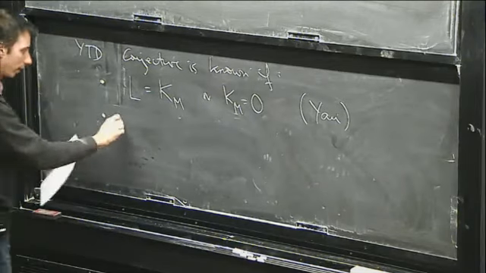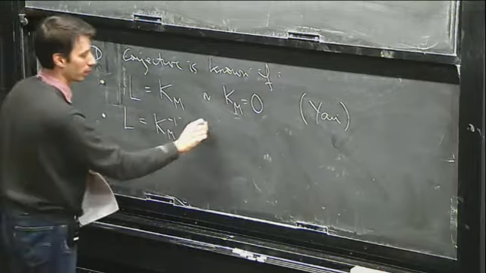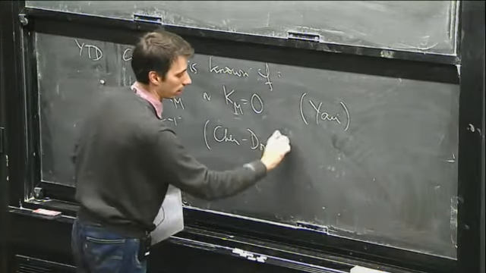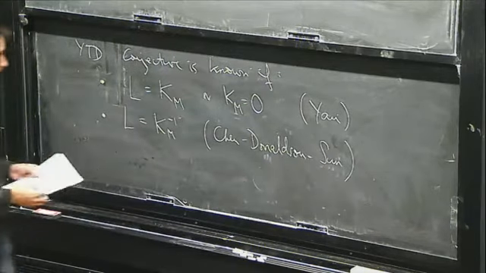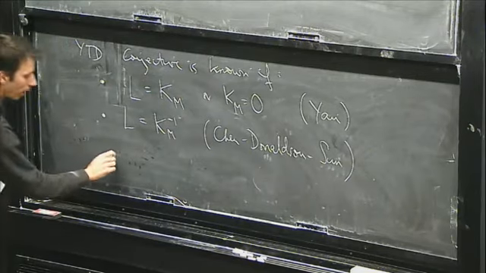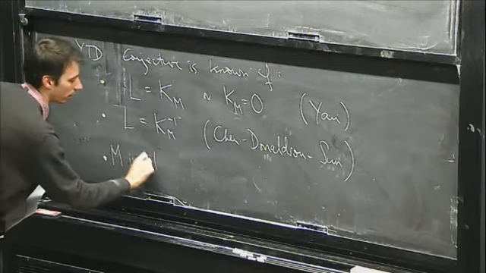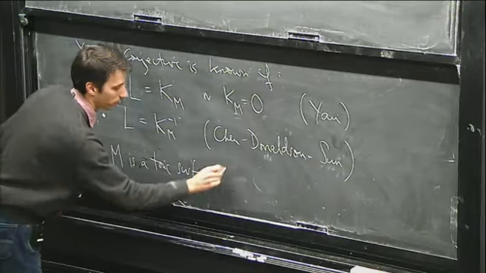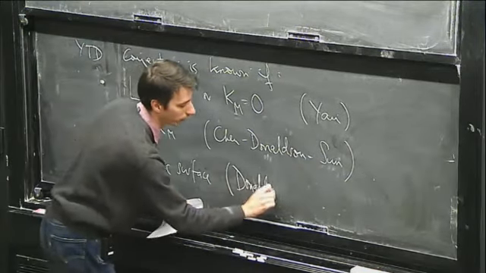And then very recently, L is K_M inverse, due to Chen, Donaldson, and Sun. And a few years before that, if M is a toric surface, and in the CSCK case, this is due to Donaldson.